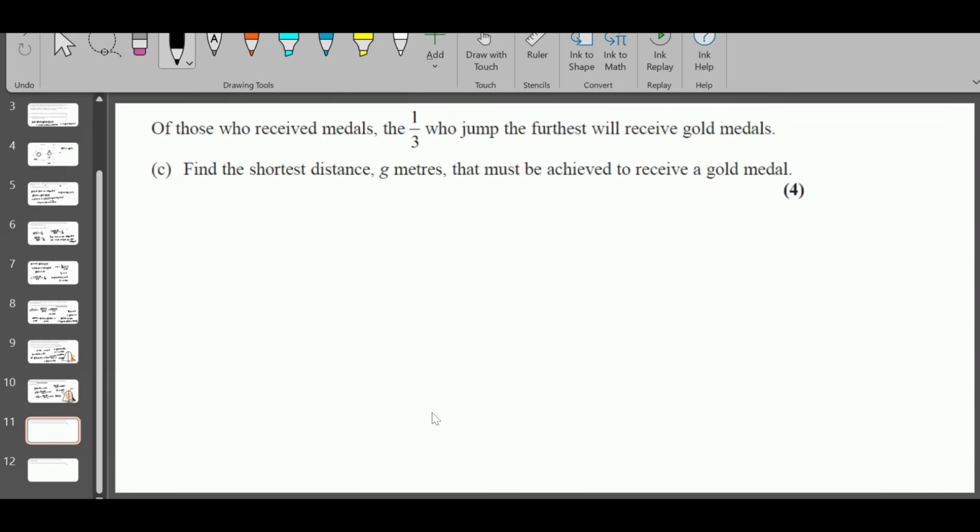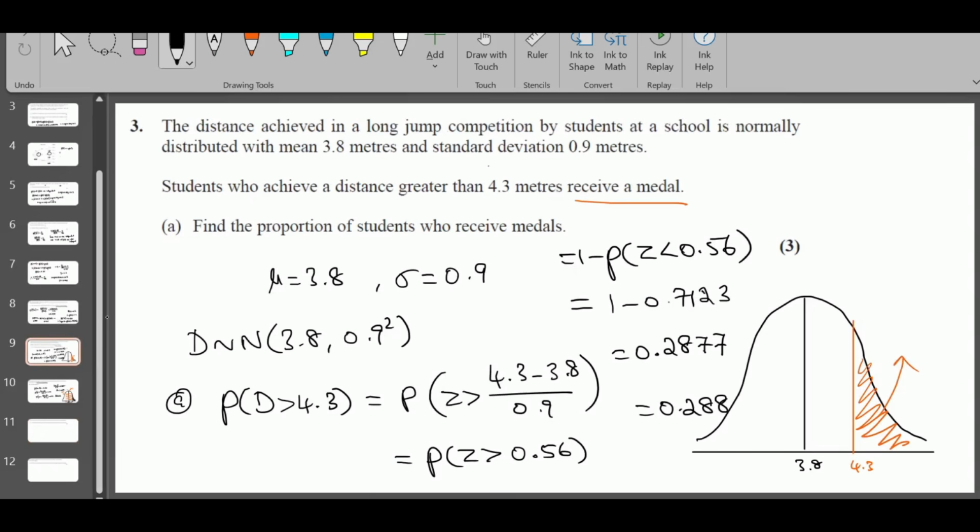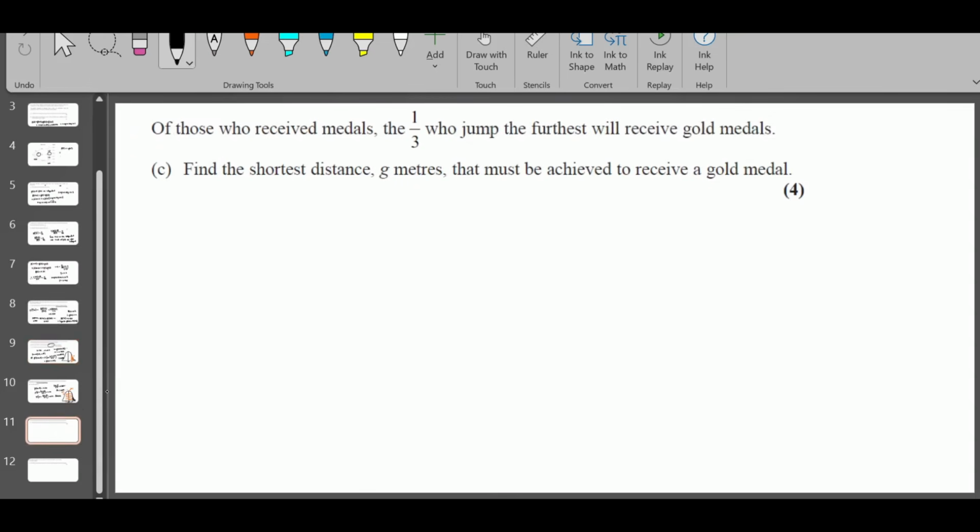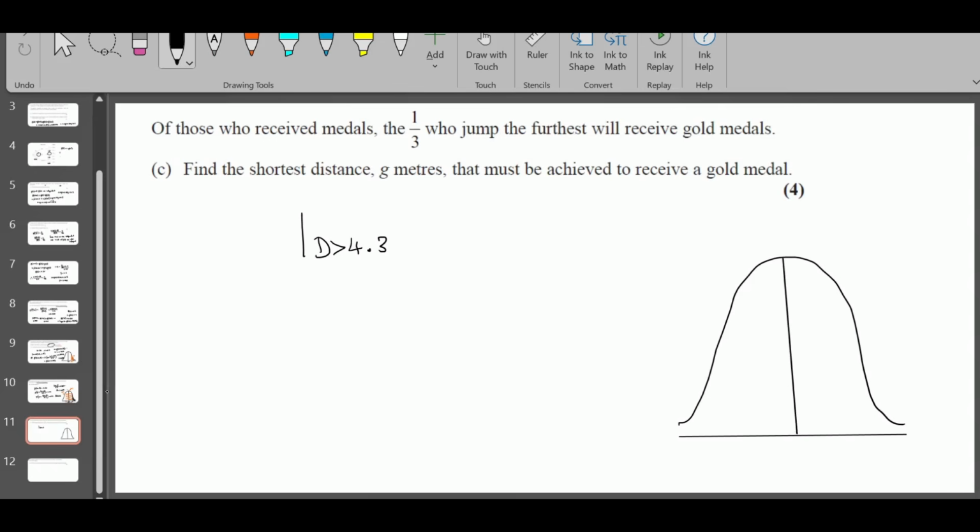Of those who receive medals, to receive a medal you should jump more than 4.3, right? Of those who jump more than 4.3 meters, the 1/3 who jump the furthest will receive a gold medal. You see here, we have a bell curve, 3.8 here, and then 4.3 here, let's say.